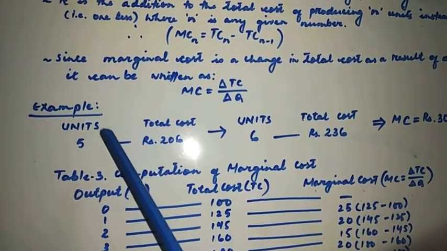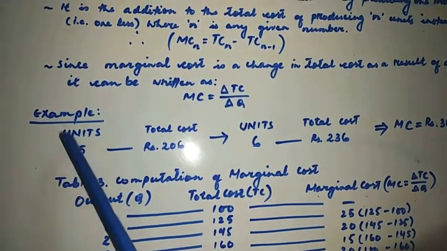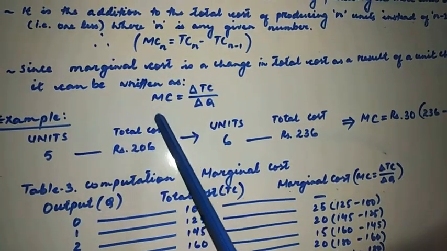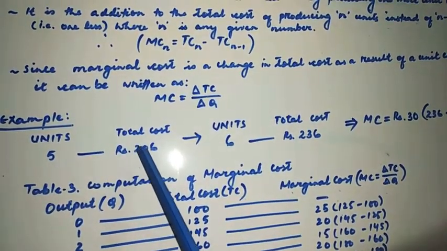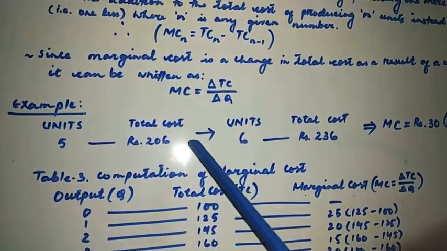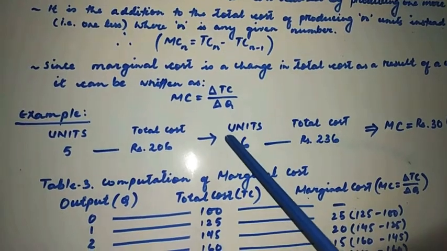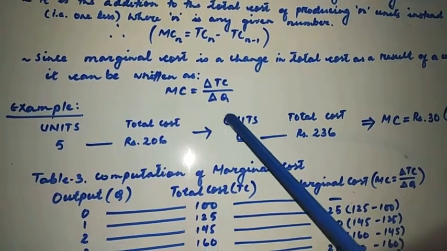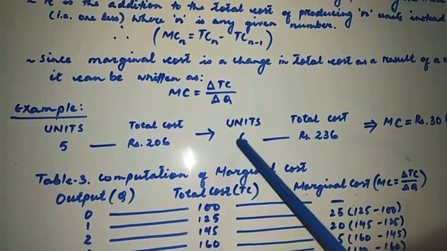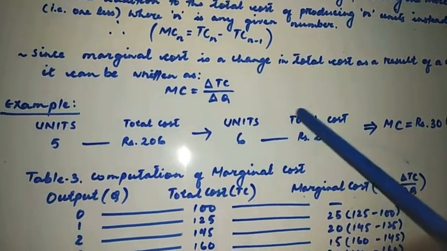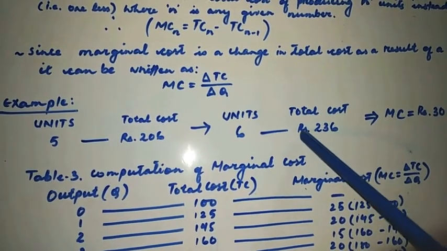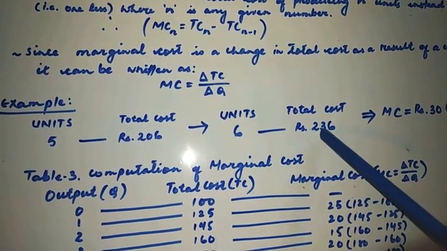You want to produce 5 units of output, and the total cost which you incurred is rupees 206. That is given, and here you are producing one more unit of output, that is from 5 units you are producing 6 units of output, and the total cost that you incurred here is 236 rupees now.